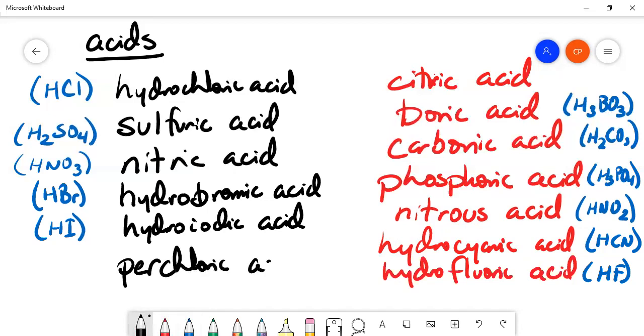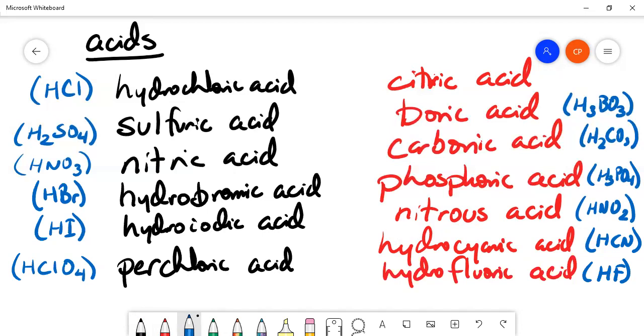It's called perchloric acid. It's derived from the perchlorate ion, which is the maximum number of oxygens I can have with chlorine. It's HClO4.